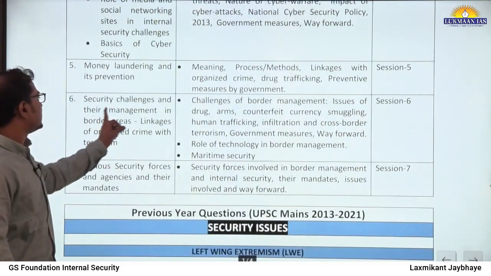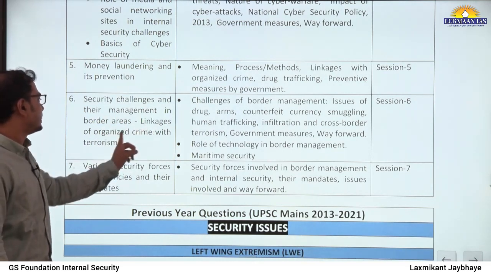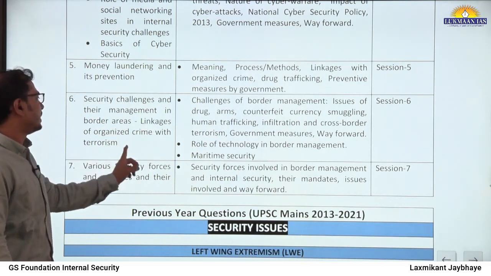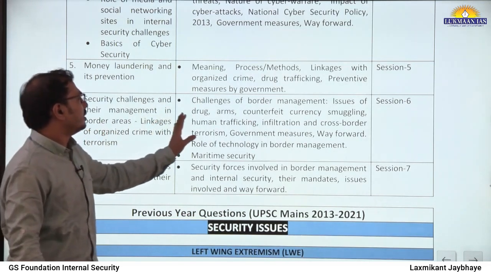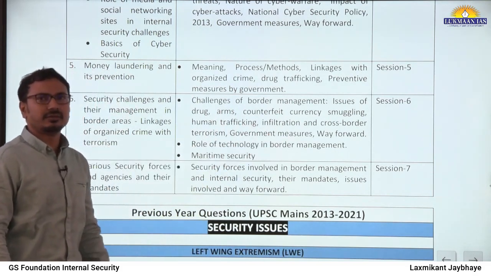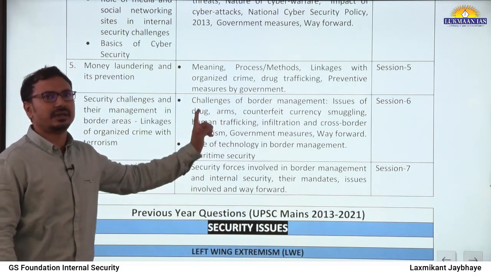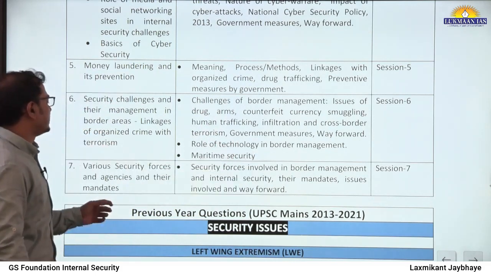Then security challenges and their management in border areas, linkages of organized crime with terrorism. Okay, so simply we'll try to understand what the challenges in border management are. Every year UPSC asks such kind of question from this topic. Okay, so we'll discuss these challenges.